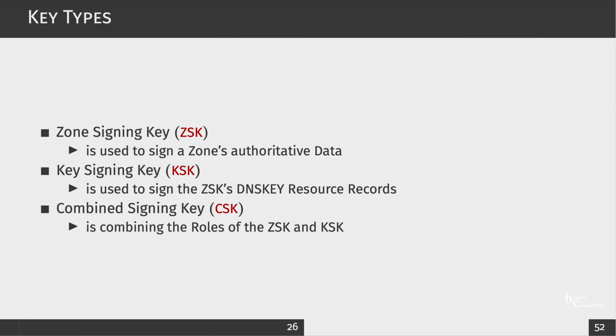There are different keys used to implement DNSSEC. There is a so-called zone signing key, which is used to sign the authoritative data within a zone. And then there is a key signing key, which is used to sign the public portion of the zone signing key, which is stored in a dedicated resource record. It's even possible to combine this in one single key, a combined signing key.